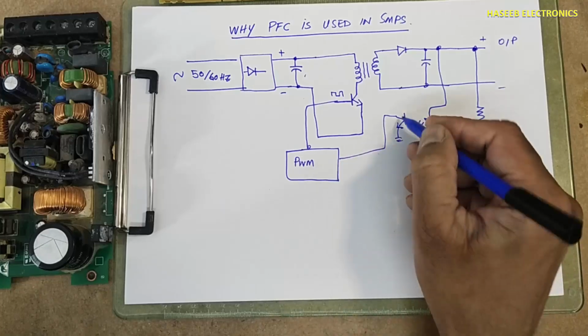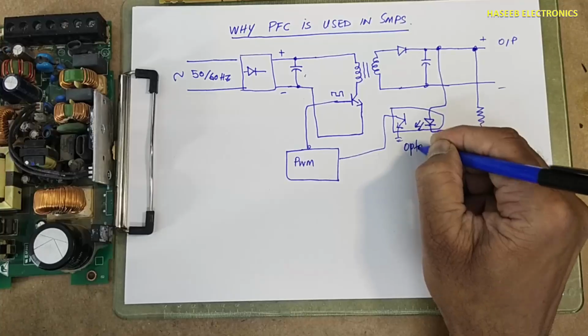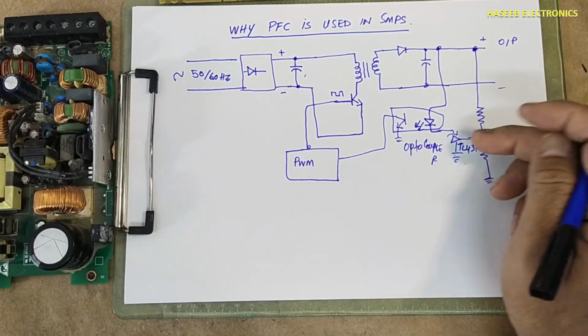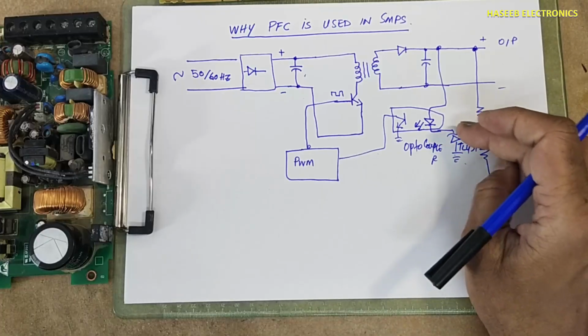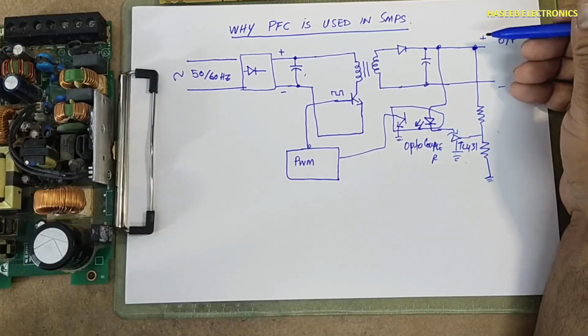This optocoupler will provide feedback to this PWM controller. TL431 or any zener, anything that will sense the voltage. Now this is our feedback loop.